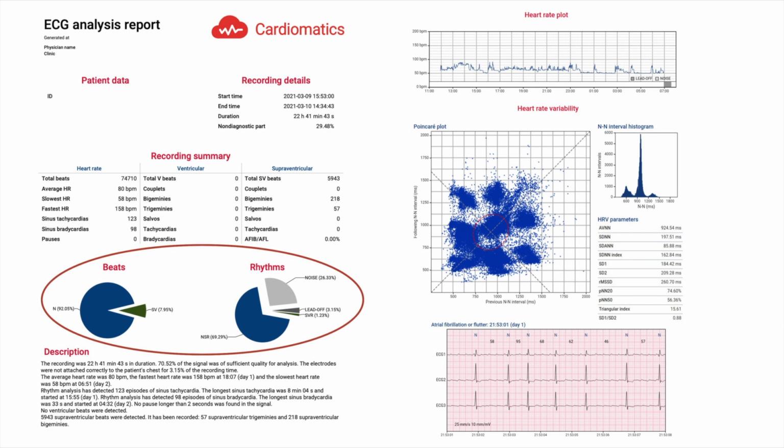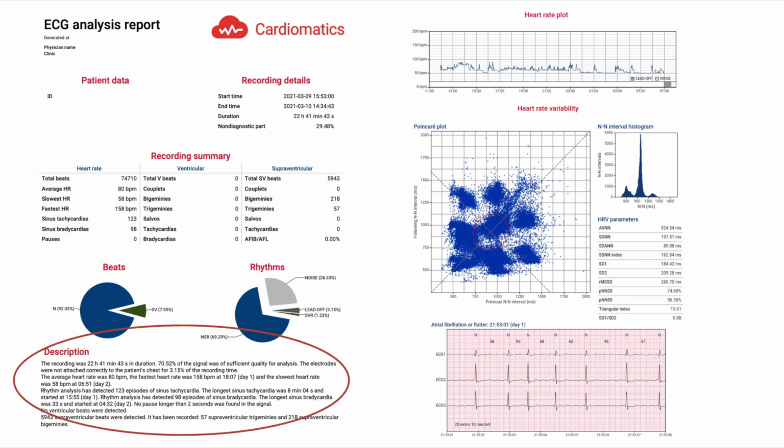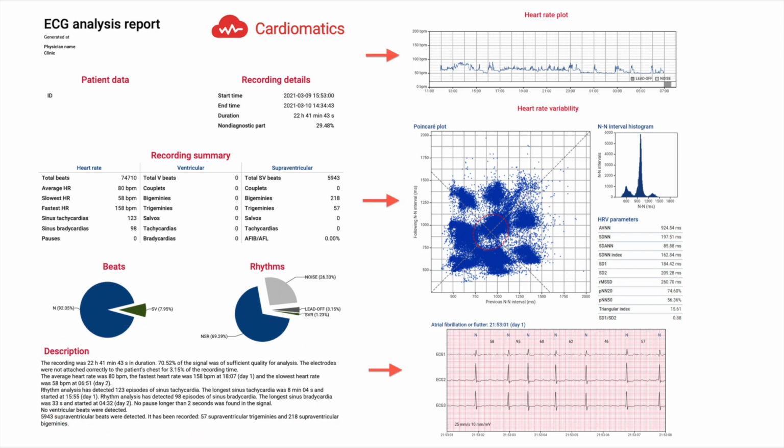Another element of the report is the automatically generated description of the ECG analysis, which can be freely modified by the clinician. In addition, the clinician can find visualizations of various data in our report, e.g., a graph of the heart rate over the entire recording length and an analysis of heart rate variability.